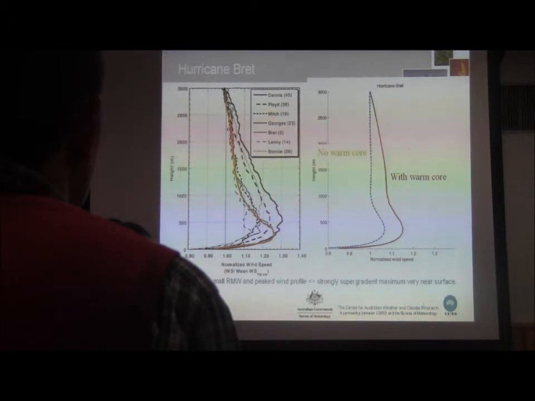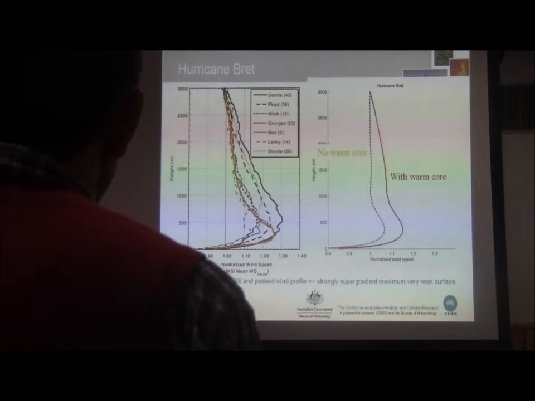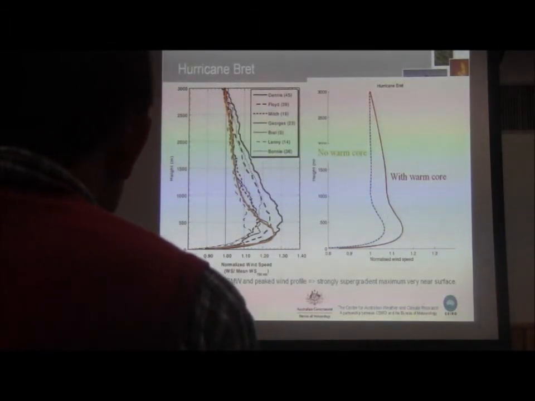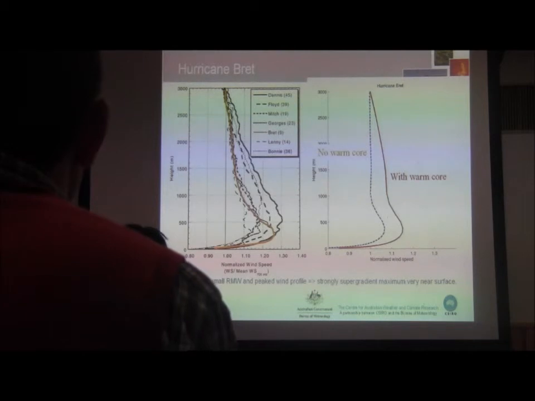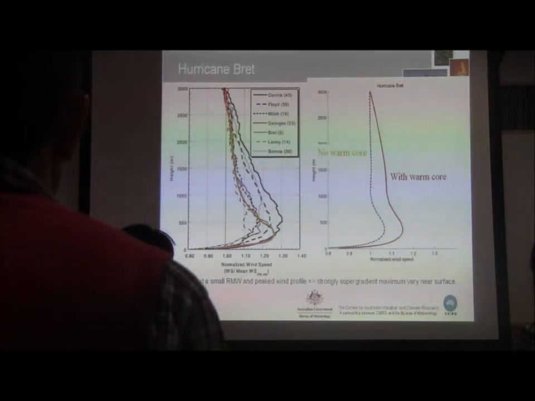But when the plane was flying figure fours through the storm, I took all the radial flight level wind data, which was mostly at 700 millibars, some of it a bit higher, and I just averaged those all together to get an azimuthal mean flight level wind profile. I calculated the axisymmetric pressure field from that using the gradient wind equation, and ran the model.